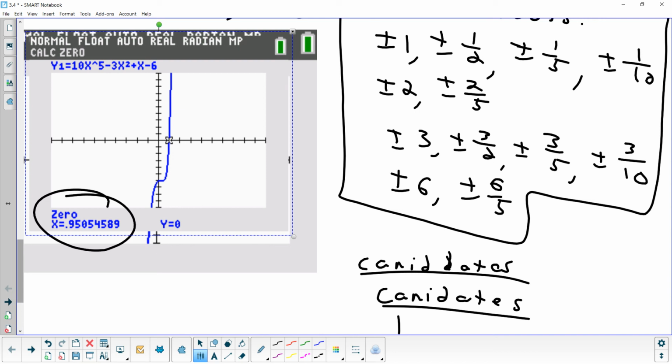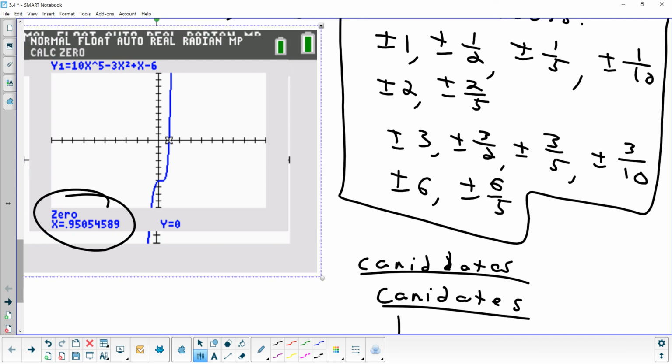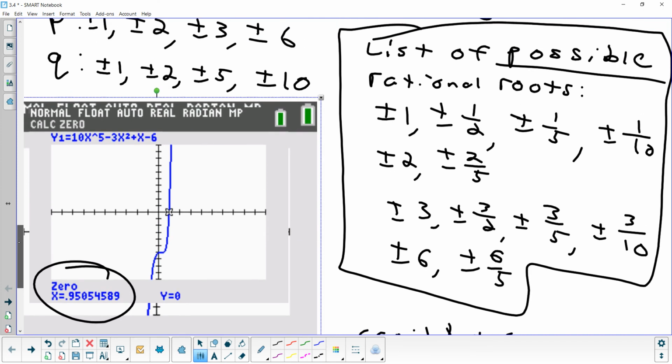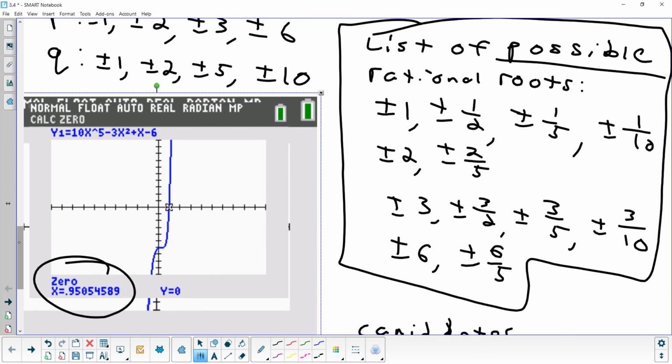No. It crosses at 0.9505. Is 0.9505 one of the fractions in that list? So what does that mean about this number? It's not in that list. It's irrational. It has to be irrational.